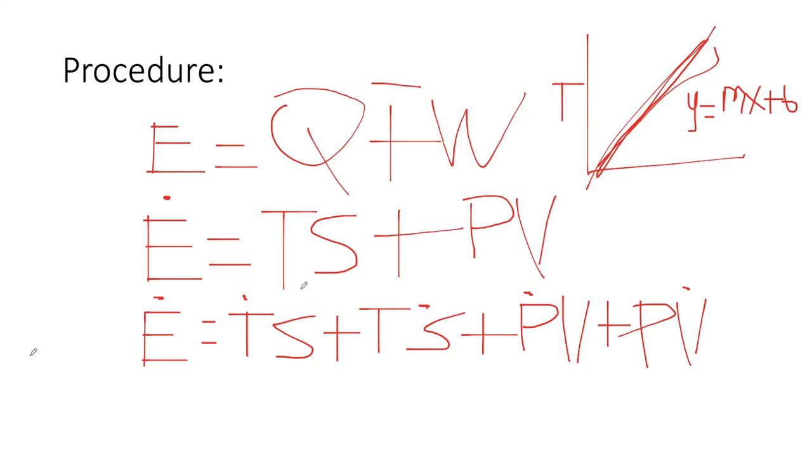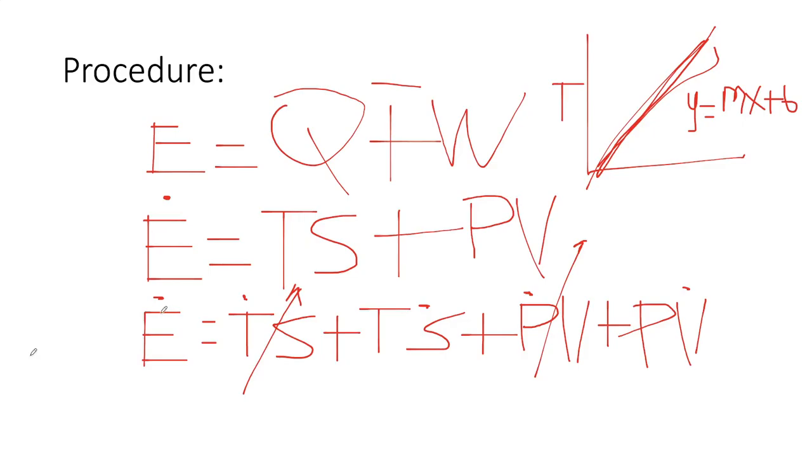If that happens, then this part of the equation becomes zero. And if the pressure is also behaving linearly, we can remove this part over here. So that means the energy rate is equal to the temperature times the change in entropy plus the pressure times the change in volume.